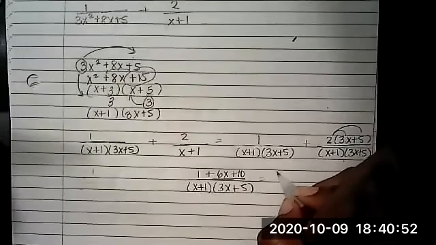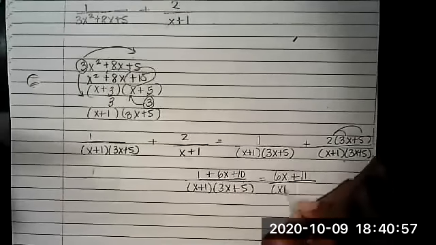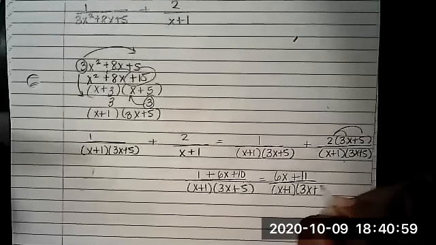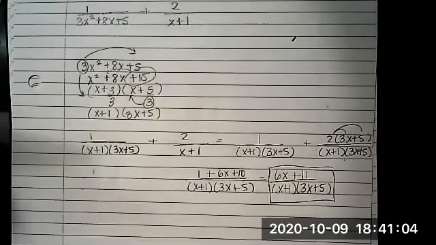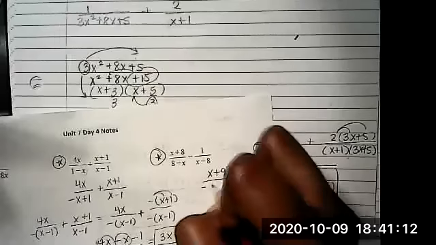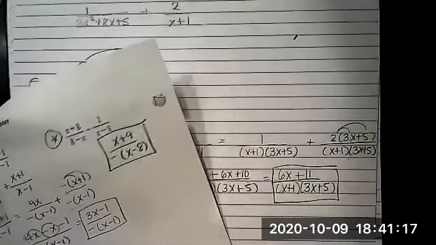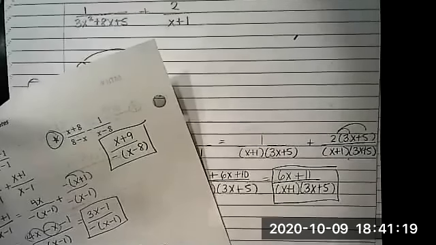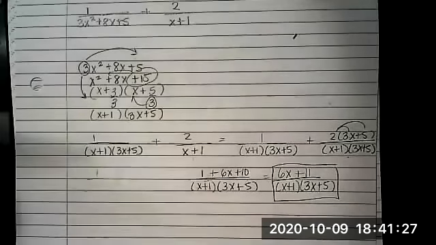Combine like terms, we'll have 6x plus 11 over x plus 1 and 3x plus 5. That is our answer here. Yes, a lot of work, a stressful situation, but we did it. I'm going to go ahead and throw these answers on here. So this one became 6x plus 11 over x plus 1 and 3x plus 5. Perfect.